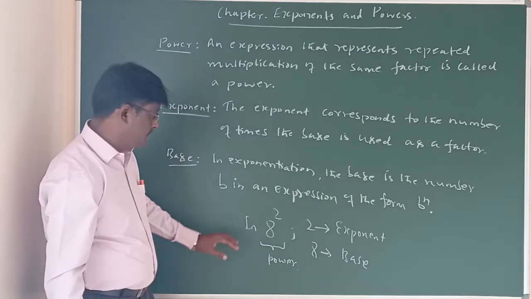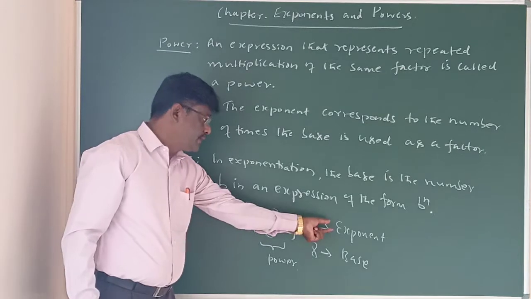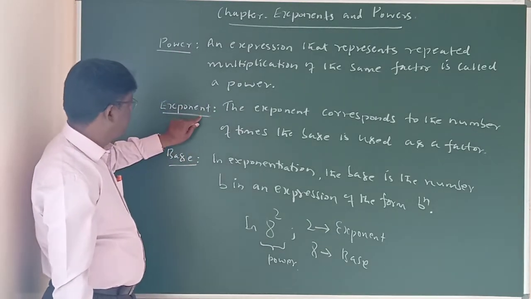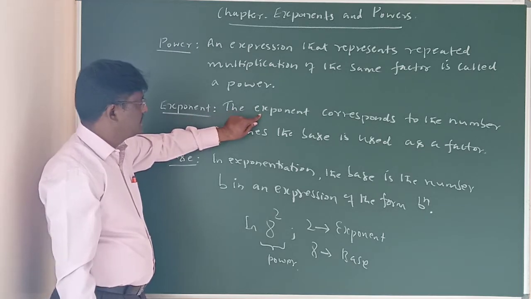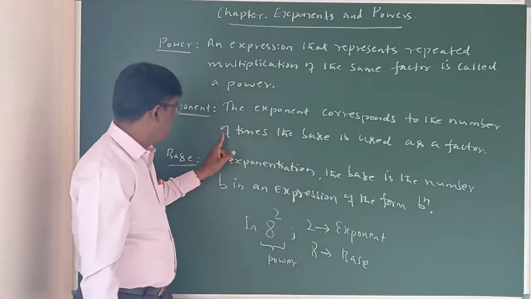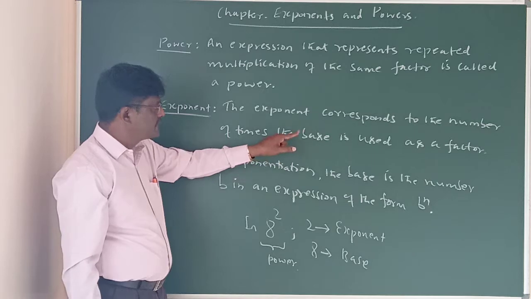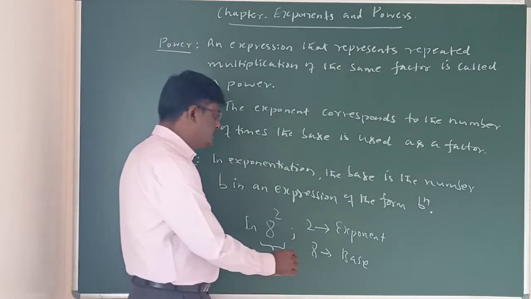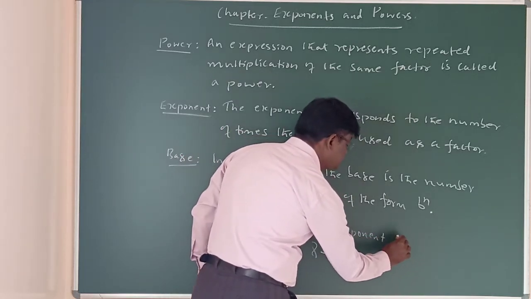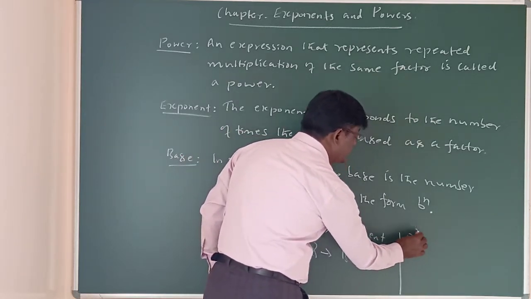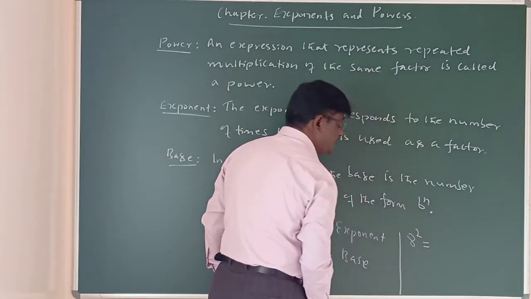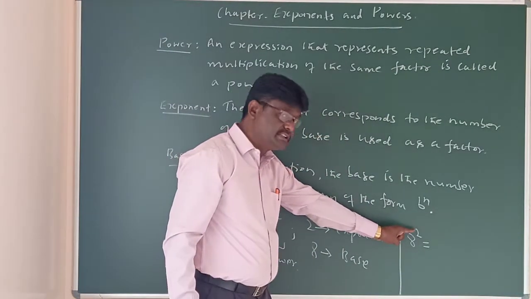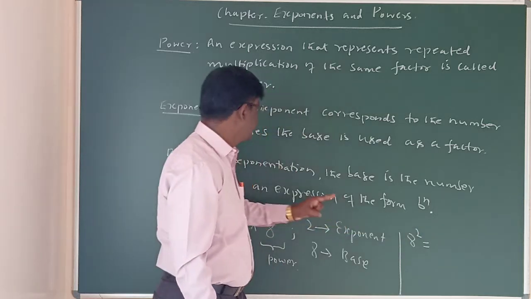Now let us try to define what is exponent. See here, what is exponent? The exponent corresponds to the number of times the base is used as a factor. Here, if we take 8 square, this 2 we say exponent.